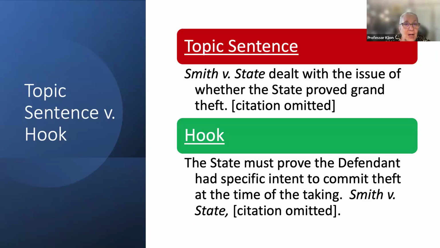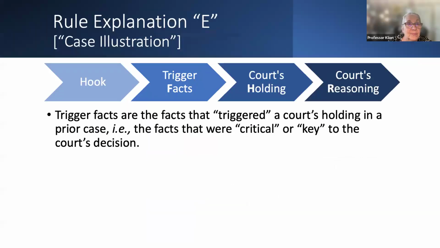Now we're talking about the concept. We're talking about specific intent to commit theft. And then you follow that by a citation. You want to make sure that the reader knows what legal point you are directing them to, as opposed to an overview of what case you're going to talk about. I hope you notice the difference.